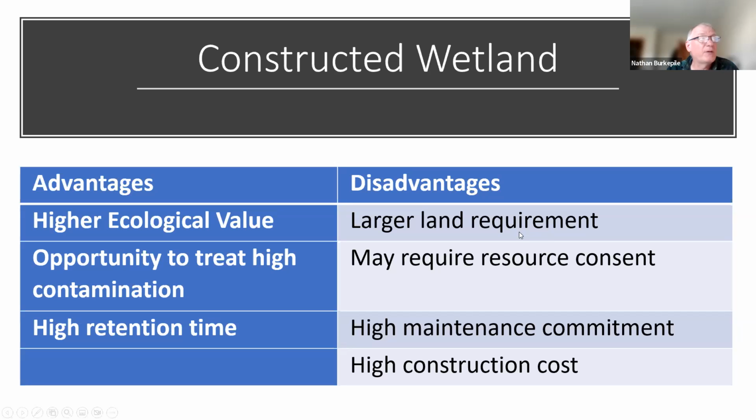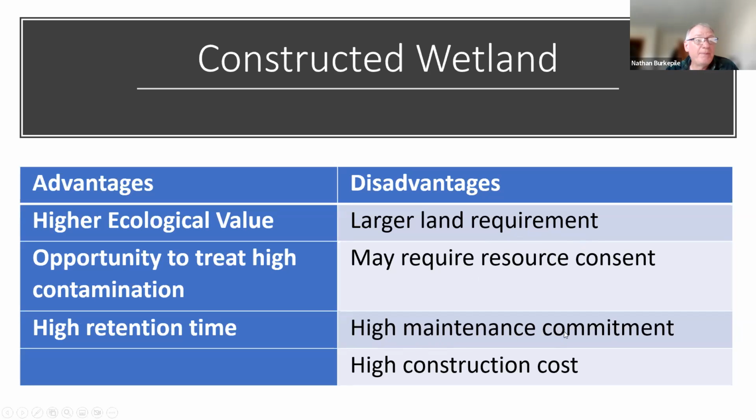And again, those land requirements are usually flat land, which is usually prime grazing land, prime cropping land, that kind of thing. May require resource consents. Usually they do, basically not because of disruption, but more because the amount of soil that you're moving usually exceeds what you're allowed to move for land disturbance.